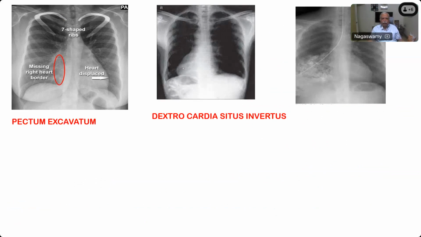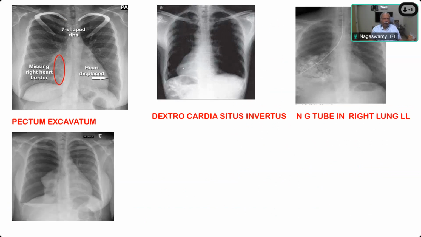It's a tube going into the lung. Any tube in the right lung, lower lobe. Right lung collapse with pneumothorax. Pneumothorax right side, very good.